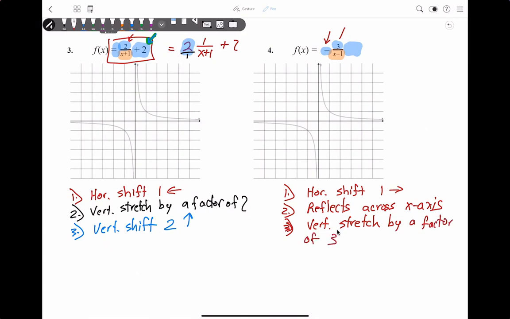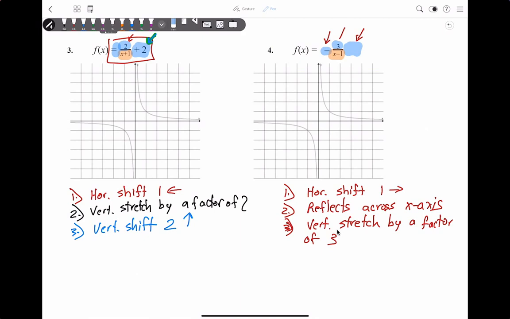And then we see that there isn't a shift that's shown here as far as plus a number. So you can always say it's like plus 0. Means it did not shift up or down. So no vertical shift. All right, so let's look at what happened with our horizontal and our vertical asymptotes, and then we can draw a quick sketch.